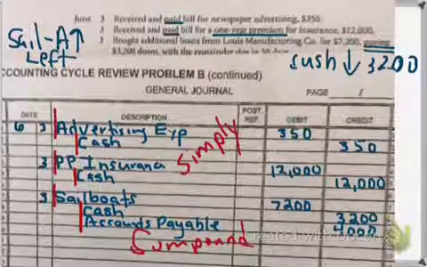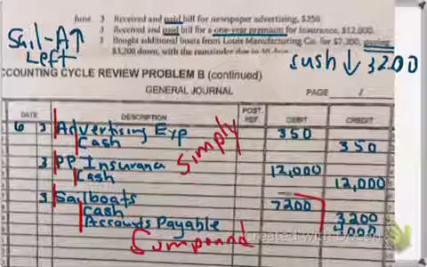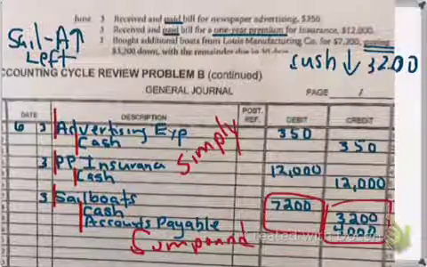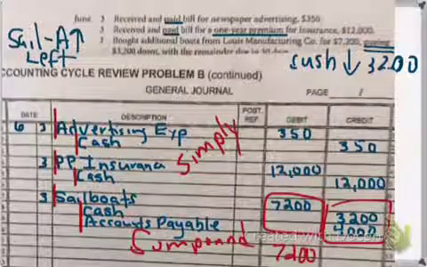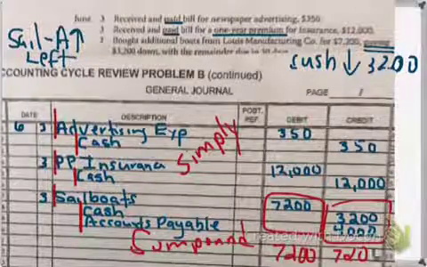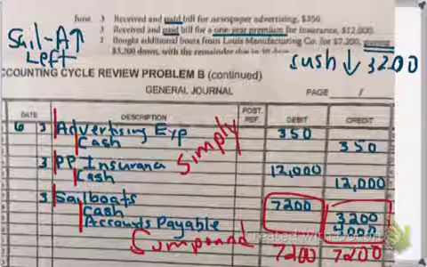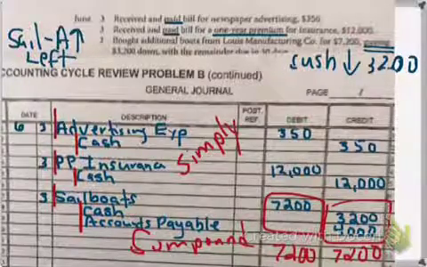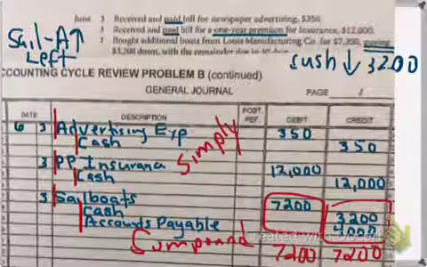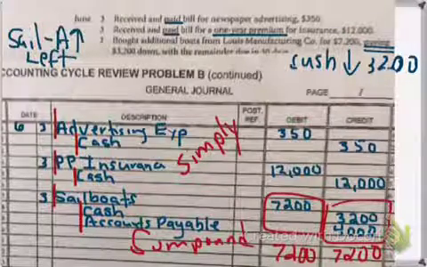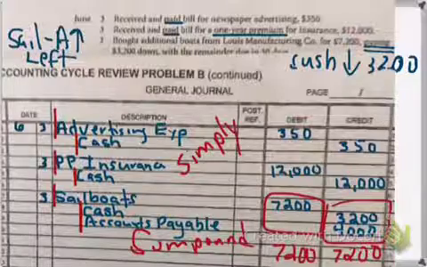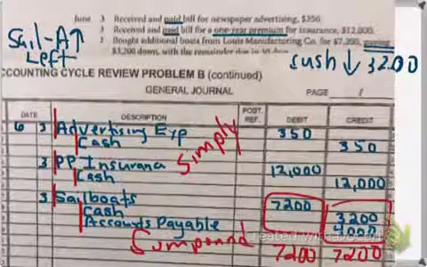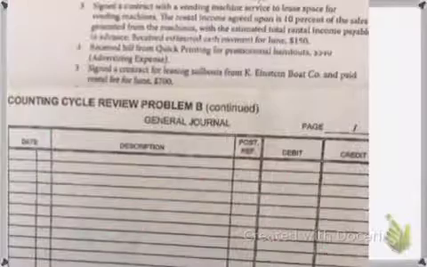What we have to make sure is that in a compound entry, our debit amount equals our credit amount. And in this case, you see it does. They both are for $7,200. So those are things that I want to make sure that you understand: in a simple entry, it's pretty easy, they're both the same thing. In a compound entry, you have to make sure that your debits do equal your credits.